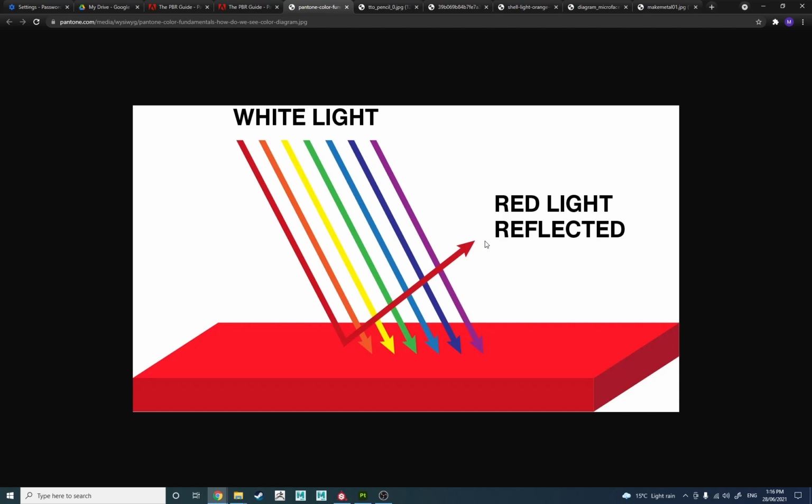So if something's red, all the other colors of light are being absorbed by the material, but the red is bouncing off and being detected by our eyes. You'll also see some color bleed in the real world. So if a red object is sitting next to a white wall, then some of that red light will actually bounce off and tint that white wall a little bit if it's really close to it. Something to keep an eye out for. It helps with achieving that realism or believability.